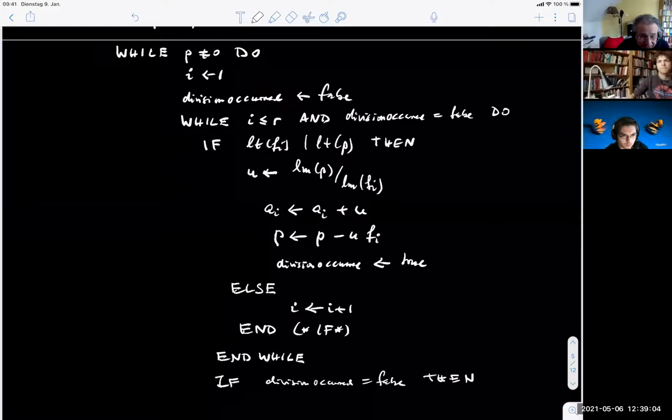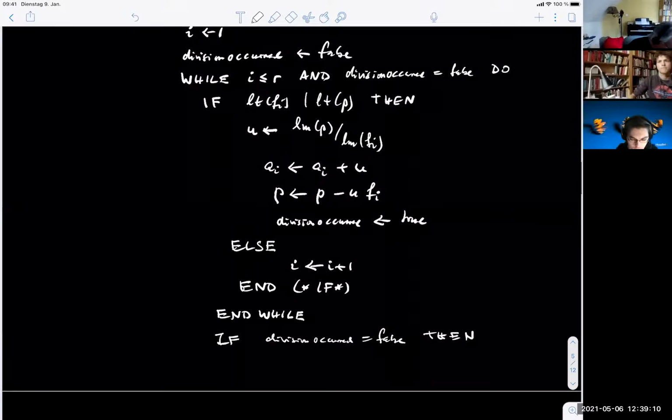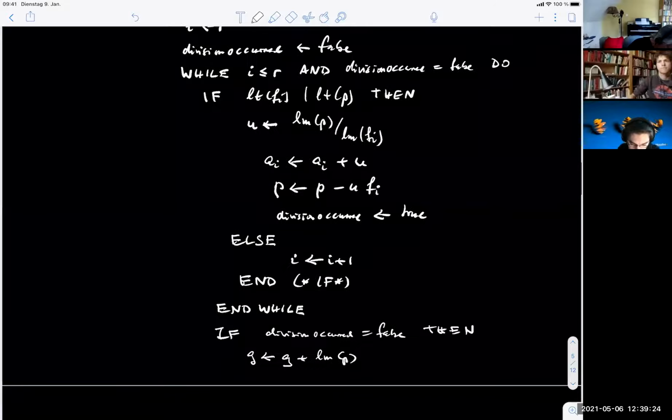It was not the case that any leading term of Fi did divide the leading term of my F. So then what I do, let me write: G is updated this way, and P is updated this way.